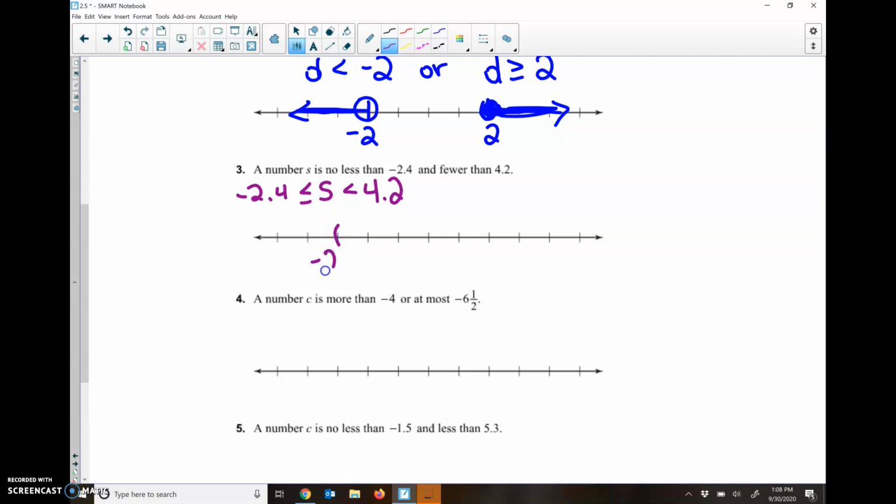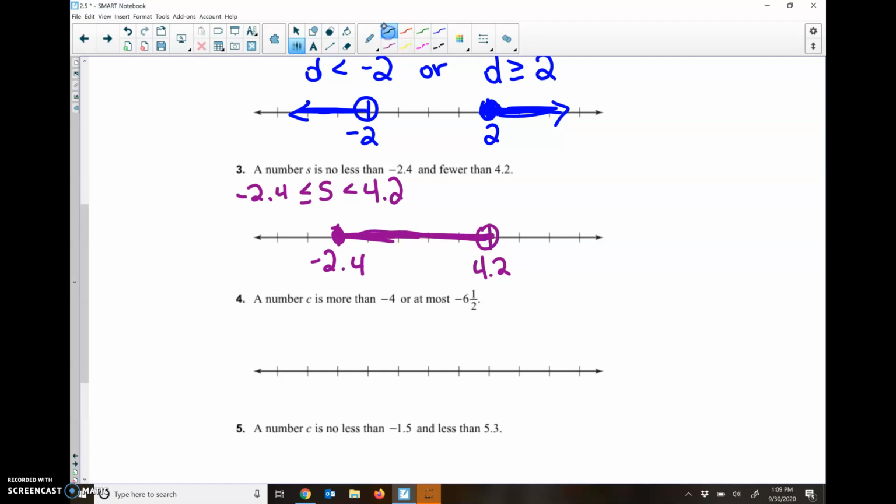This one's not going to be a nice graph because they give us decimals. So I got -2.4 filled in circle, and I'm going to the right. And we'll just say 4.2 is over here. And I got an empty circle, and we're going to the left because it's less than. So really, S can only be one of these numbers in between.